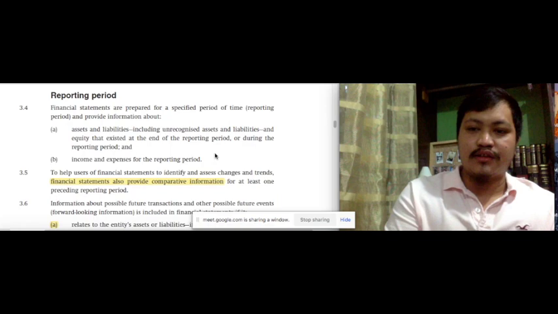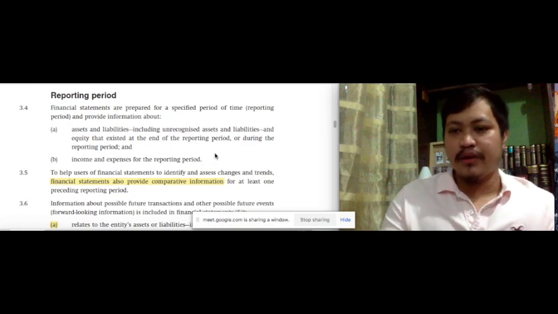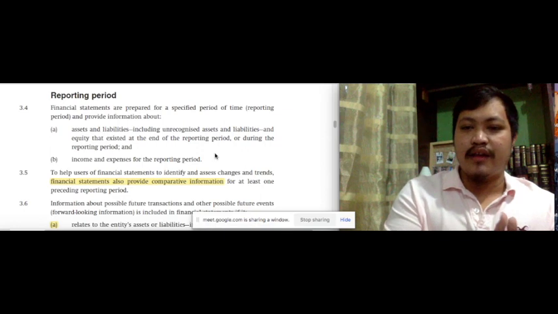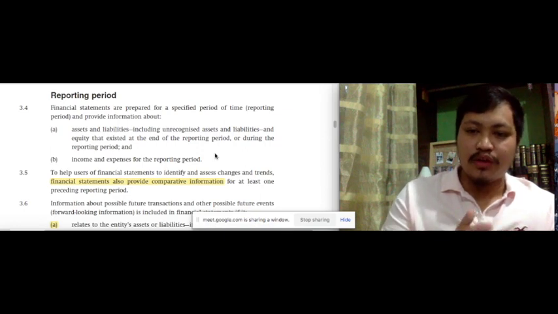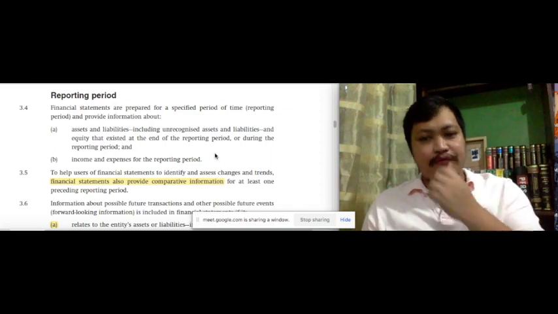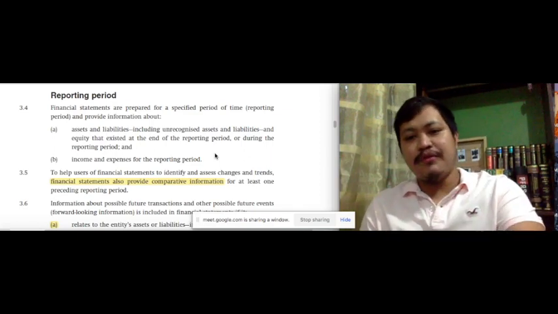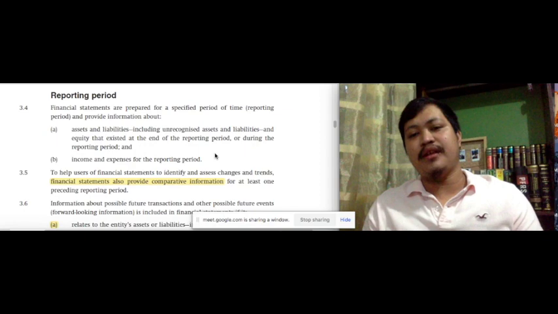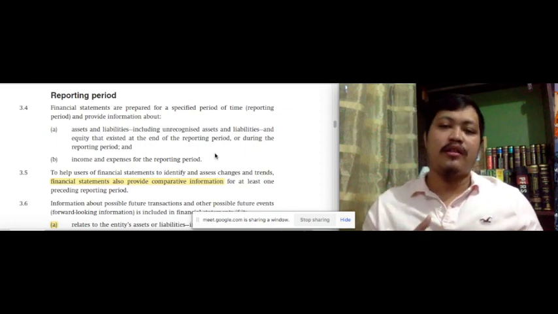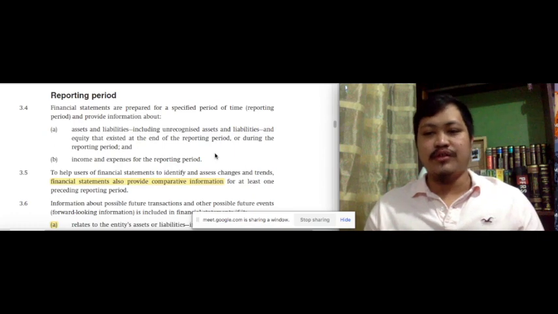This allows us to set collection periods, production periods, because we expect the entity to be able to operate continuously in the foreseeable future. The measurement of our assets, liabilities, income, and expenses would be very different if we are under the assumption that the entity would already go bankrupt, that the entity would already be closing operations, class.